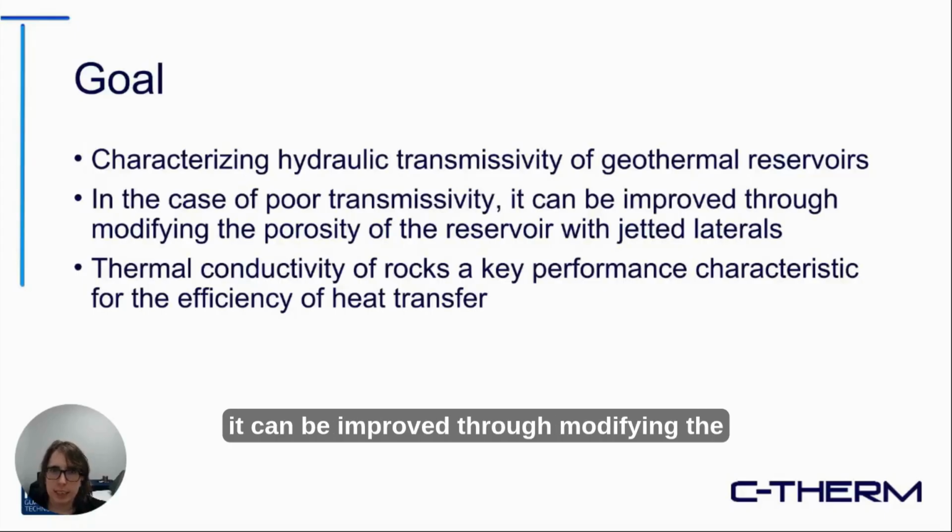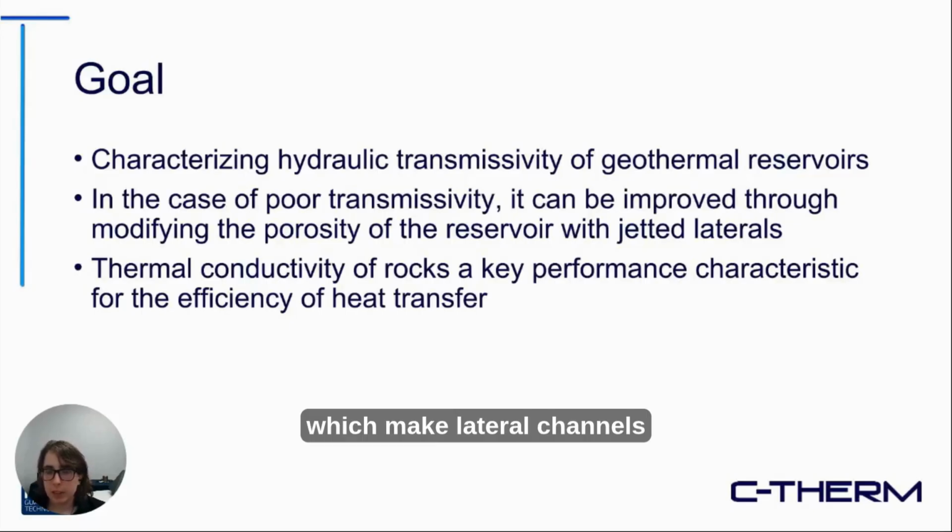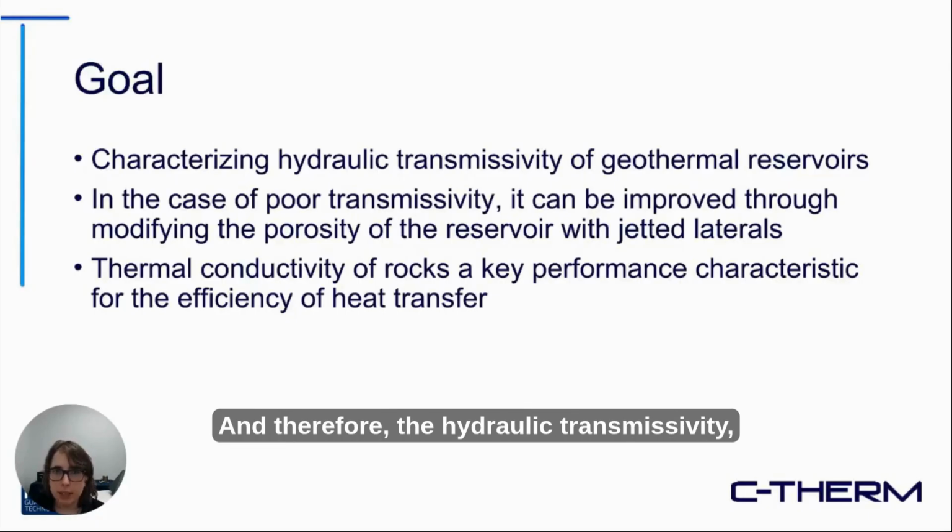And in that case, it can be improved through modifying the porosity of the reservoir through the use of jets, which make lateral channels in the reservoir, which improve the porosity and therefore the hydraulic transmissivity.